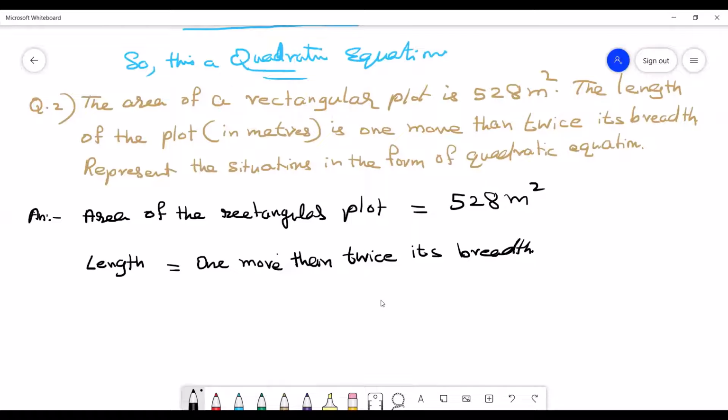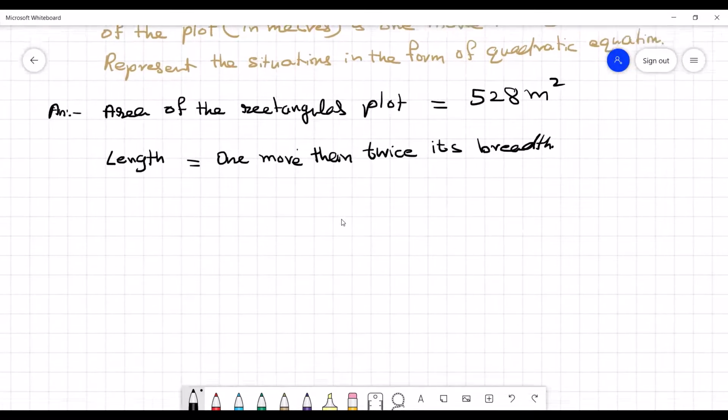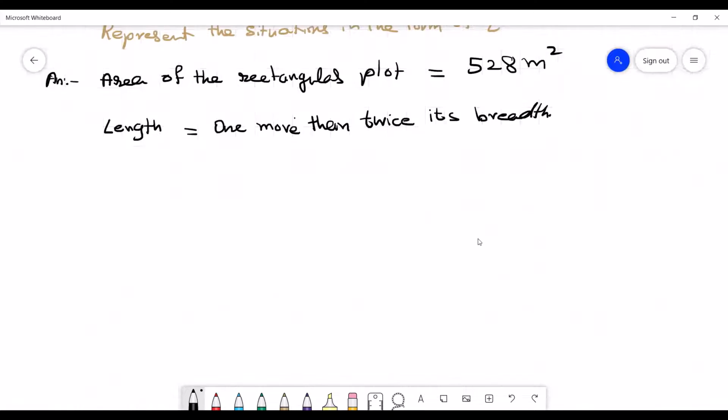The other thing is that length is given in terms of breadth. So if we know the breadth of that plot, then we can find out the length. But the breadth we don't know, and the length we also don't know. In this situation, we all know that we have to introduce a variable.